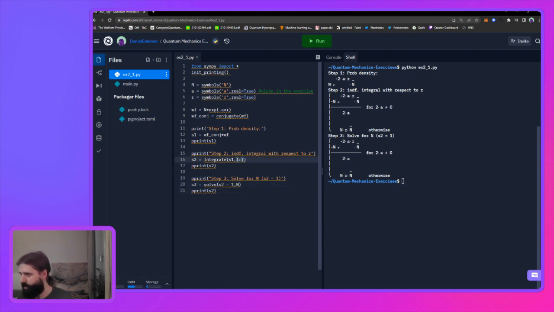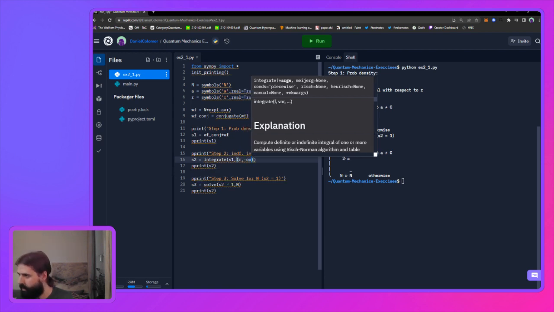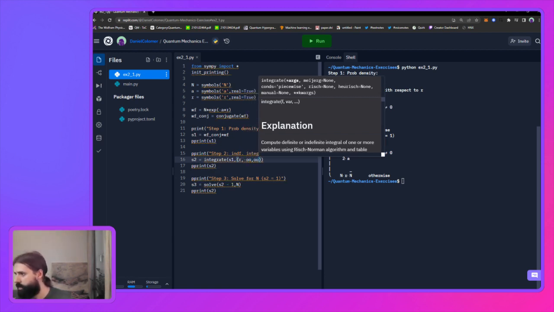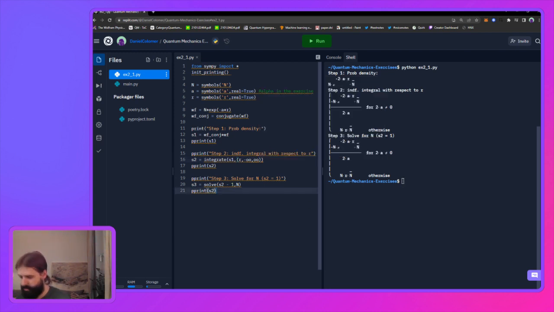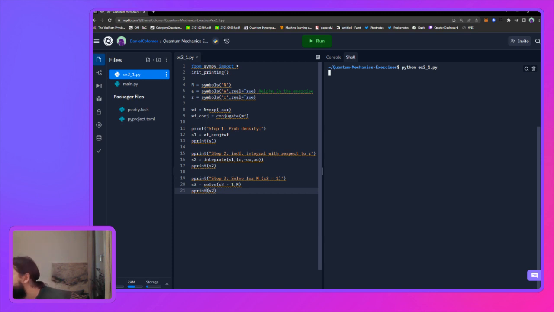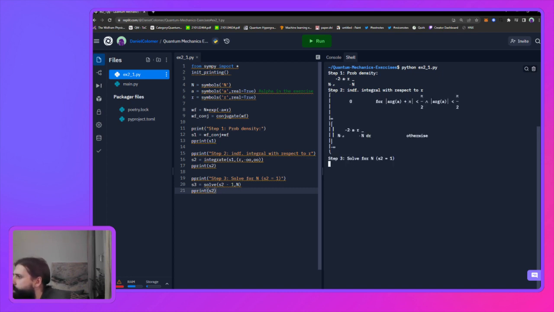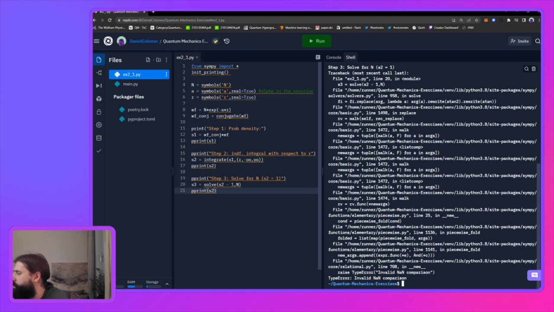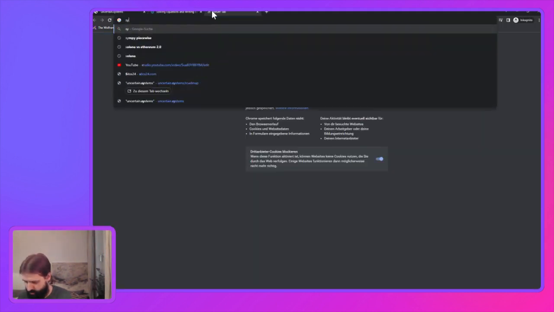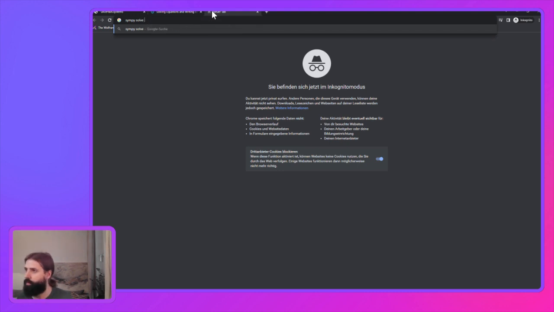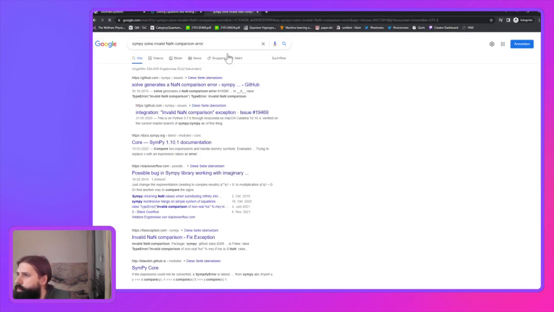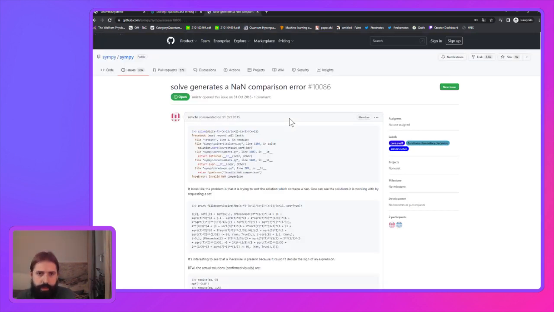So if I add back these, then it breaks. Solve breaks, invalid non-comparison. Yeah.